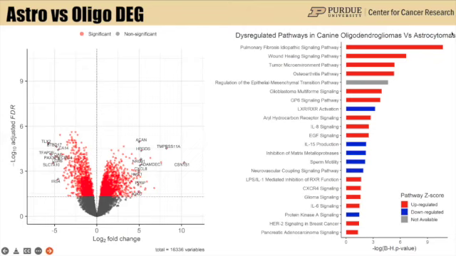We see a number of dysregulated pathways when we do a pathway analysis on these differentially expressed genes. Here on the X-axis, you see the minus log Benjamini-Hochberg false discovery rate, so it's basically adjusted for multiple testing.